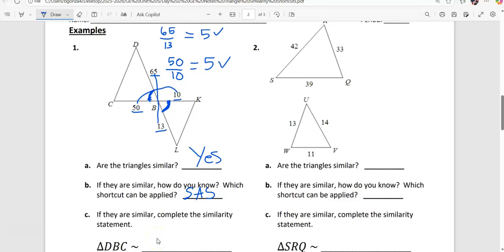So D to B to C corresponds with, matches in the same order as L to B to K. Remember, order matters whenever we're doing congruence and similarity. So again, these triangles have been rotated.